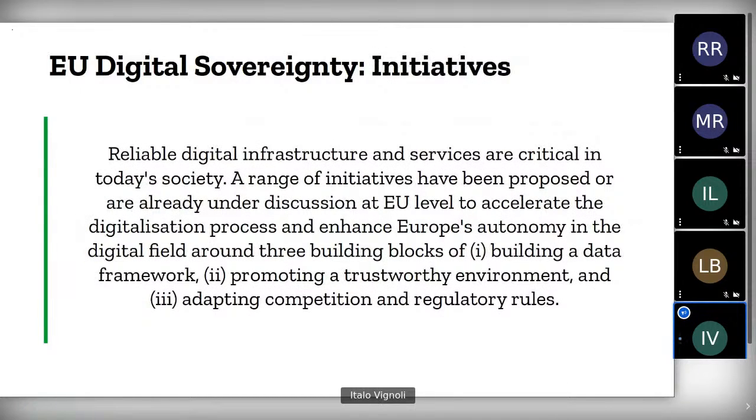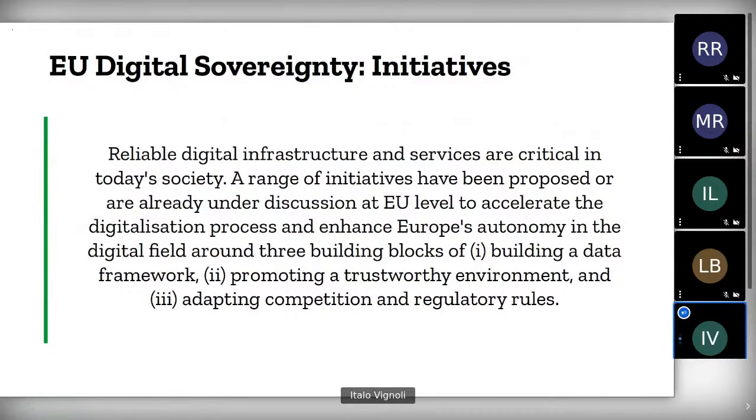There are some initiatives at European level. We are not still there in terms of effectiveness. European politicians, some of them, not all of them, of course, are trying to understand what it means to create an infrastructure which is respectful of digital sovereignty.